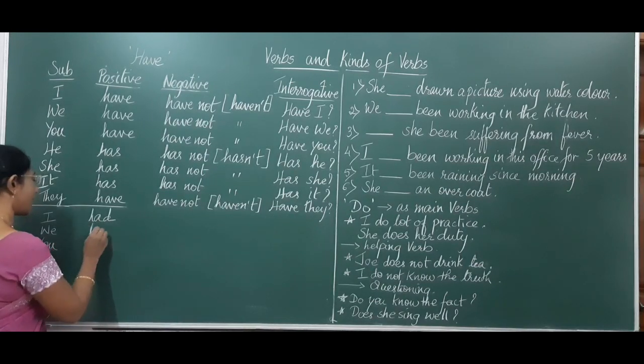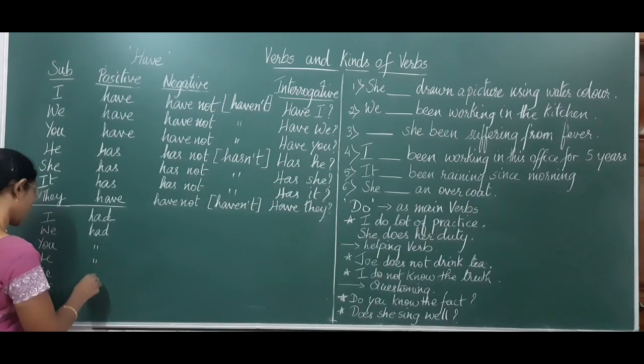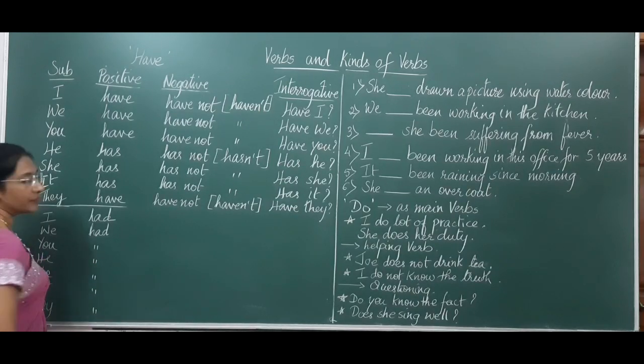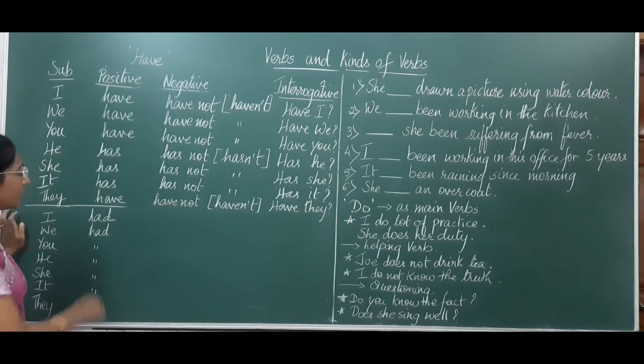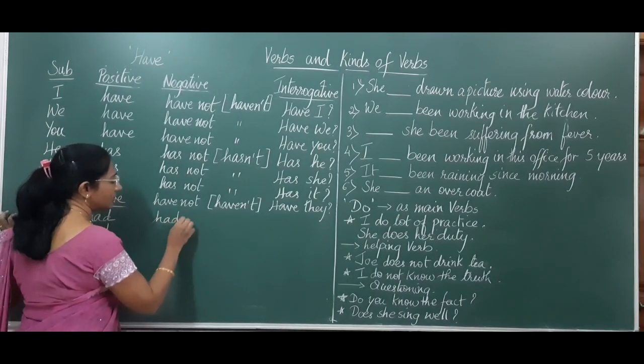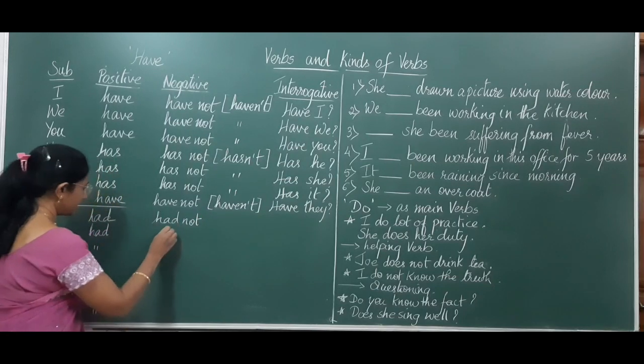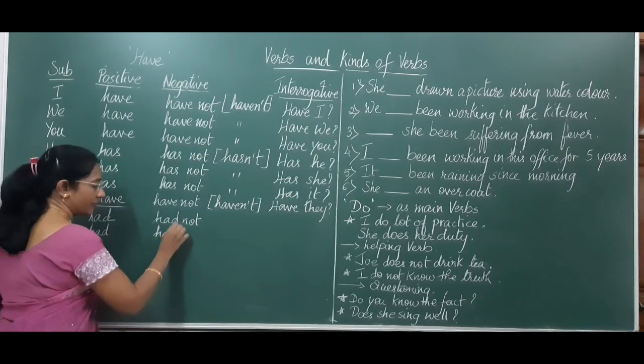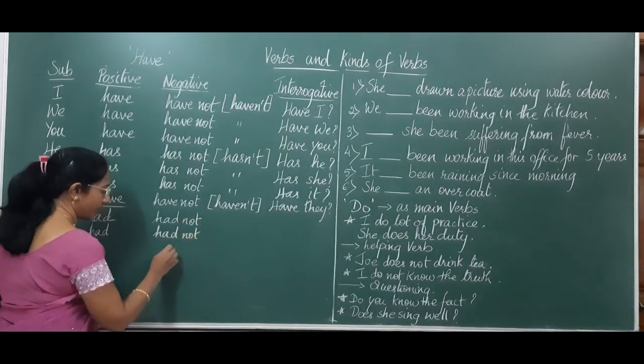We had, and so on for second person and third persons. Taken in negative form, I had not, and the same follows for other persons as well.